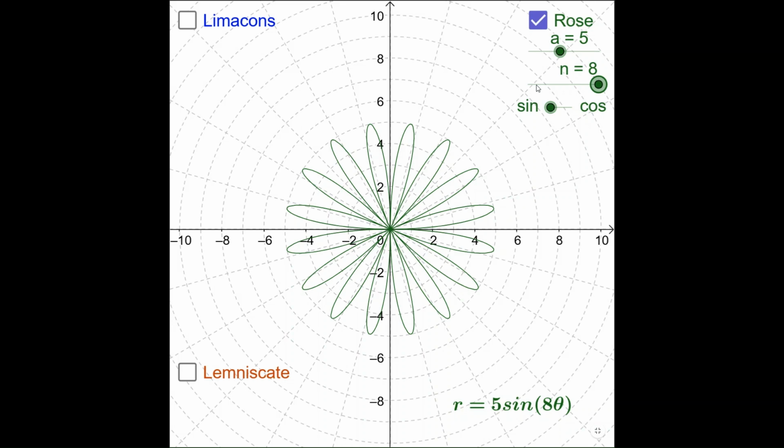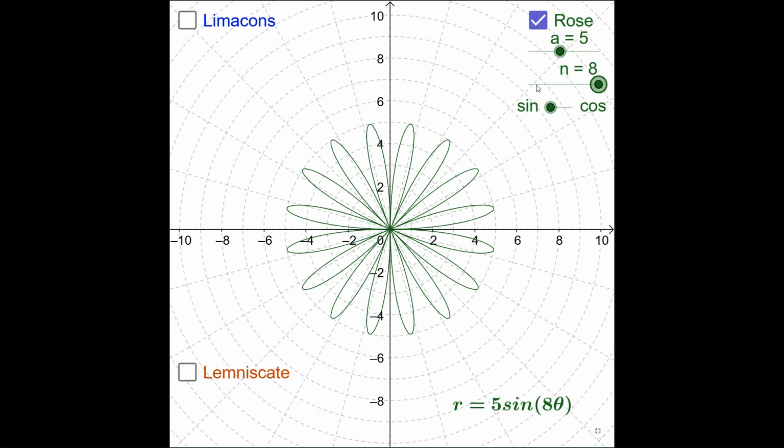Notice that all 16 of these petals are within the quadrant spaces. So we have 4 petals in quadrant 1, 4 petals in quadrant 2, 4 petals in quadrant 3, and 4 petals in quadrant 4. So they're all within the quadrants. The only place they touch the x or the y axis is at the origin.